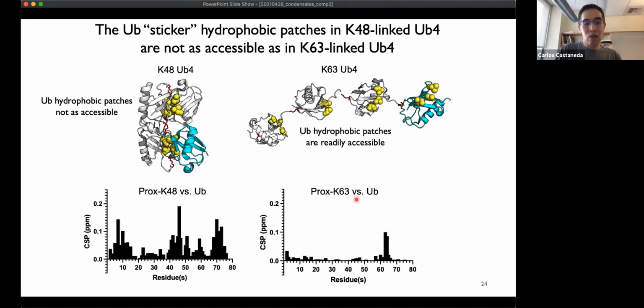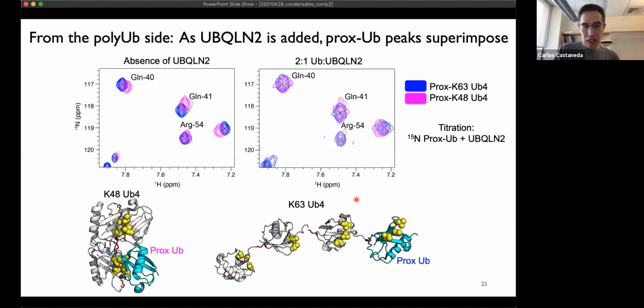Okay, so what happens when we add ubiquilin? I just told you that when we look at this proximal ubiquitin in tetraubiquitin, these residues are not in the same place as they would be in K63. That's shown here on this NMR spectrum looking at residues 40 and 41, which are pretty much at this hydrophobic interface.